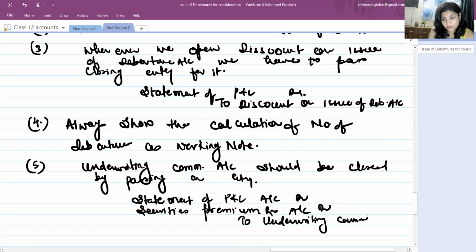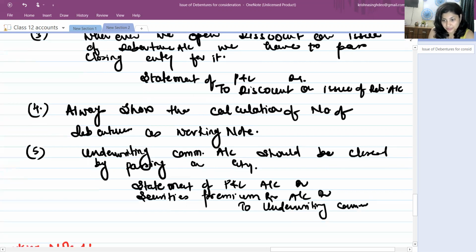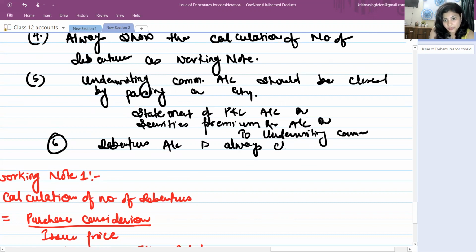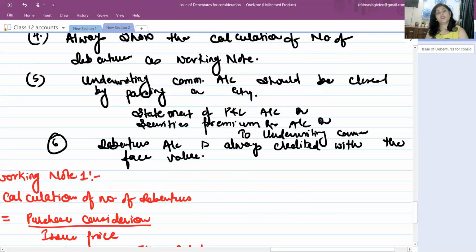One last thing, though I said last for the previous one, but I just remember that one more thing we should be writing, that debentures account is always credited with the face value. Okay, so this is all.